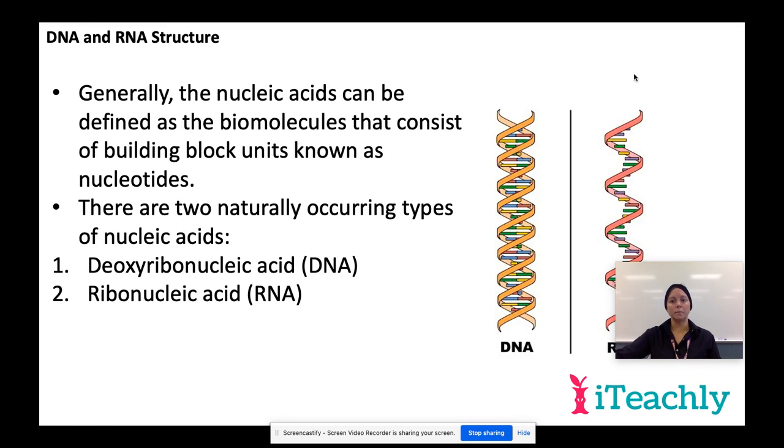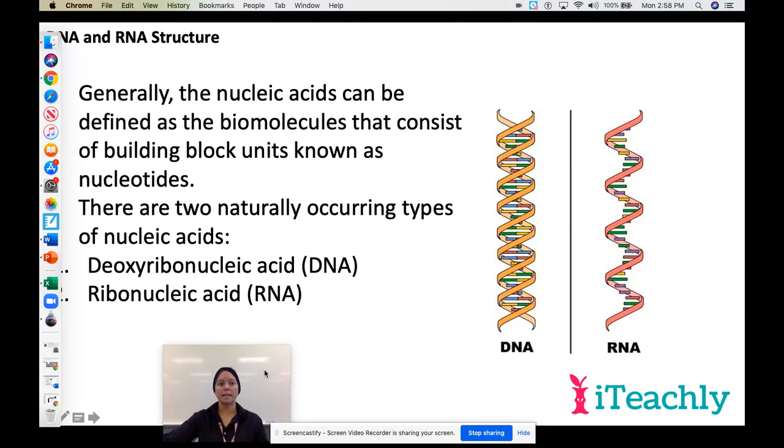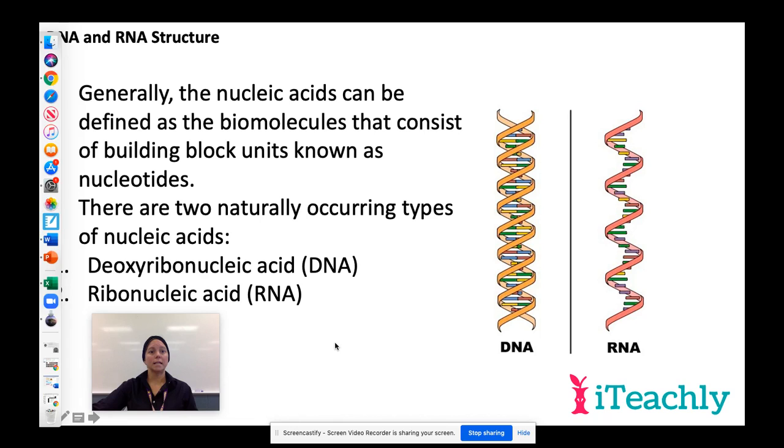So generally speaking, we say that DNA is a double helix, and DNA is deoxyribonucleic acid, and RNA is ribonucleic acid. And both of those have nucleotides as their monomer to construct. So the monomer, that is that brick that makes a building. So the monomer is the brick that makes the biochemical compound.